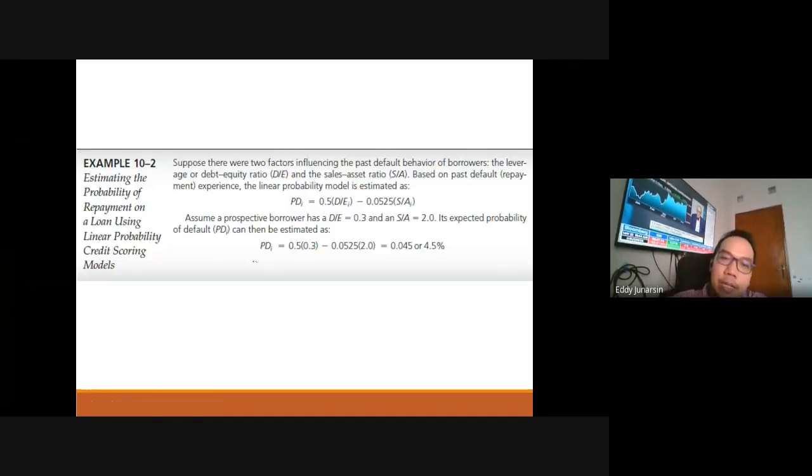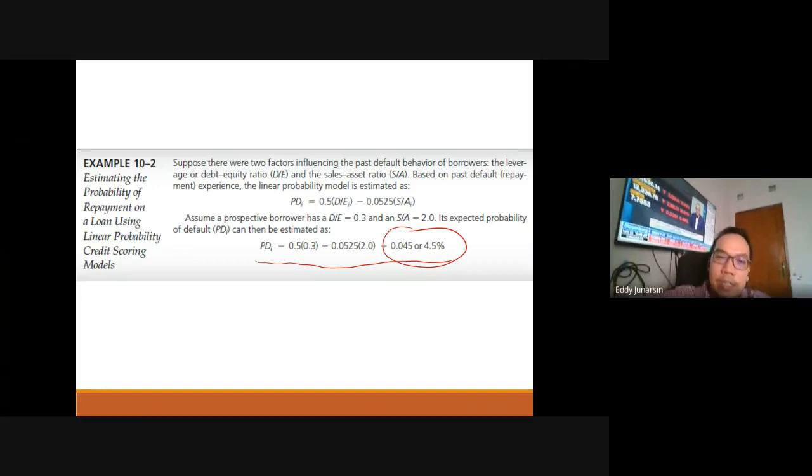If you put in the regression equation potential borrowers coming to you, having the data on the variables of interest, the variables that you conjecture will affect the probability of default, then you can find a certain prediction or projection of its probability of default.